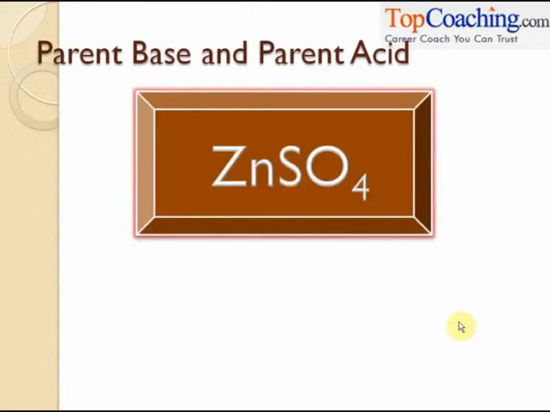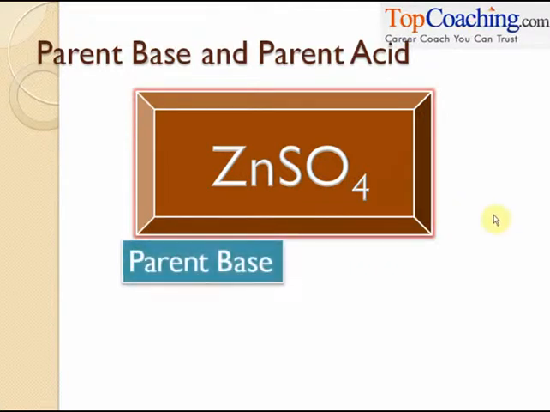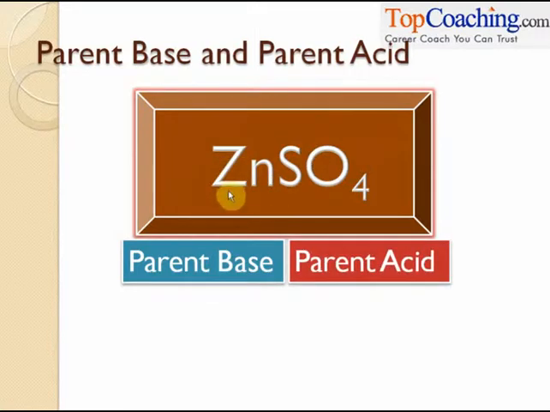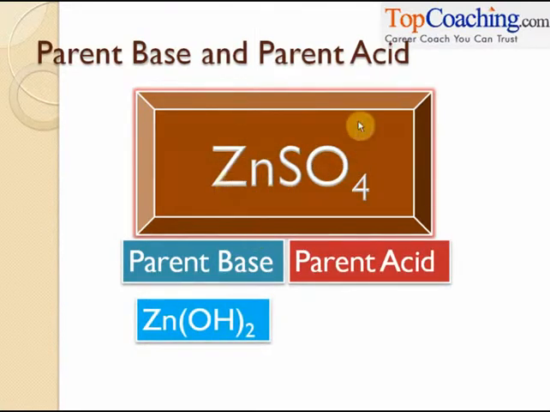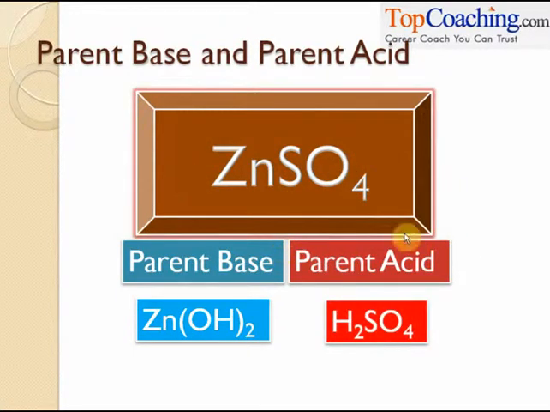Let's try another example. Zinc sulphate. Again, the first part represents the parent base, so Zn actually represents the parent base. It comes from the parent base, so clearly the parent base must be zinc hydroxide, Zn(OH)2. The second part represents the parent acid, so clearly the acid that has SO4 in it is H2SO4, sulfuric acid.